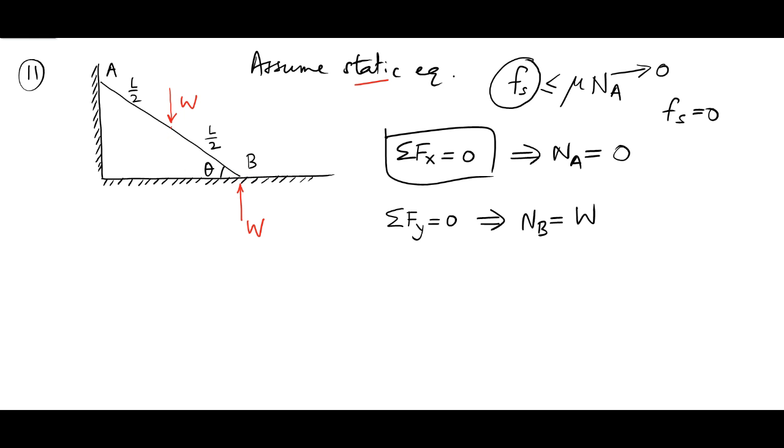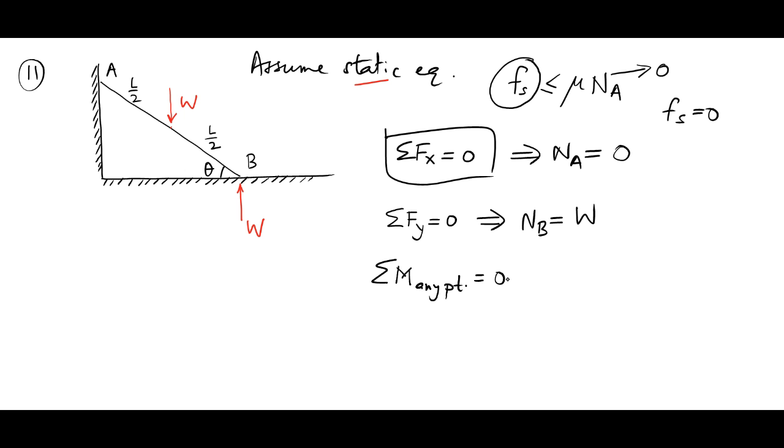And now we will search for a contradiction. The third condition which must be satisfied for static equilibrium is that the total moment about any point must be equal to 0.